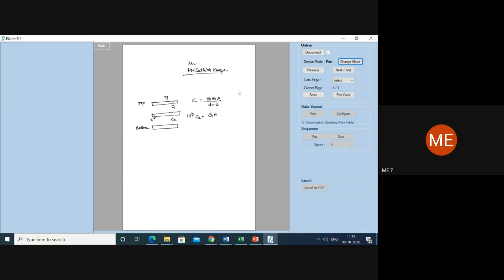Epsilon naught, epsilon R A divided by D minus X. Is it clear? This is the first equation.